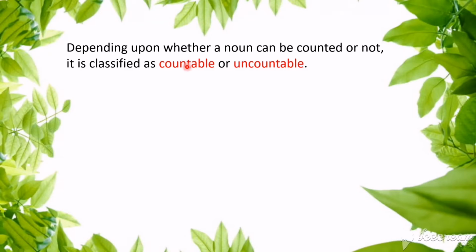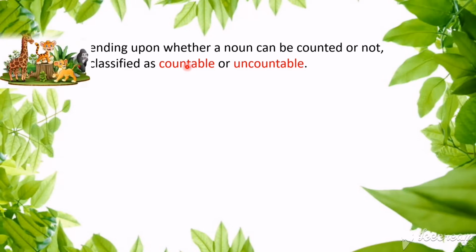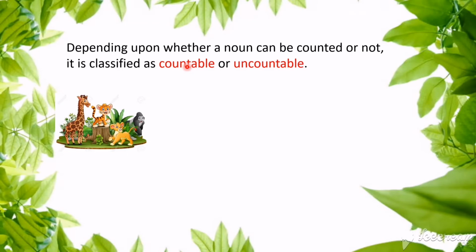In simple terms, things that can be counted are called countables. Things that cannot be counted are called uncountables. For example, can you count animals? Yes, you can count animals. So it is countable.